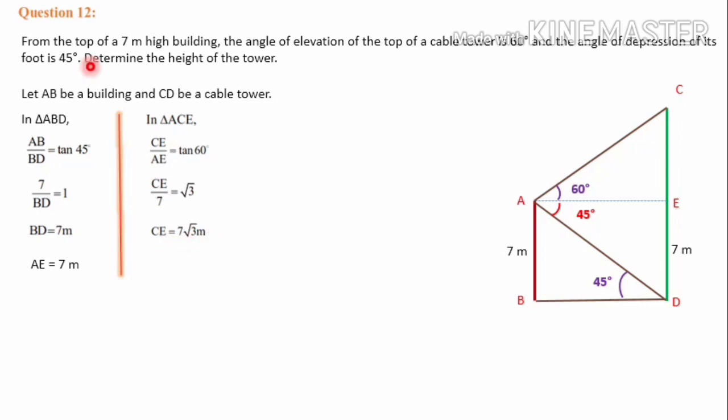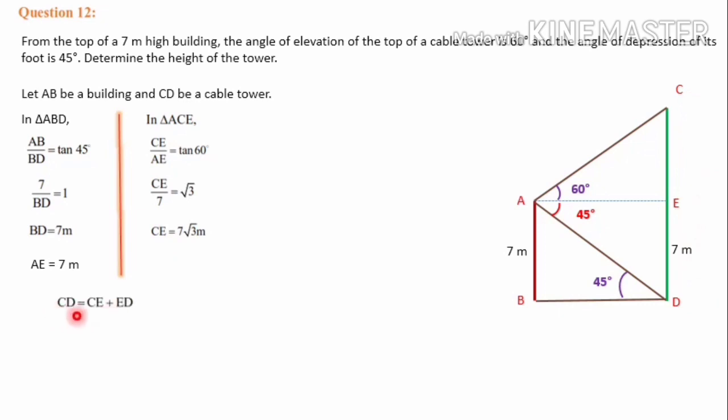Here we need to determine the height of the tower. That is, CD is the height. CD is the height in the sense that CE and ED together make CD. So ED we know is 7 meter, and CE we have already calculated, that is 7 root 3 meter. If you add these two, we will get the height of the tower.